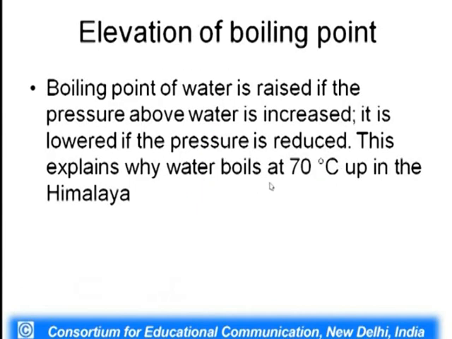So by increasing the pressure you can increase the boiling point of water, and if you lower the pressure you can decrease the boiling point. This explains why water boils at 70 degrees C up in the Himalaya. The pressure at the top is lower, and so the boiling point decreases.